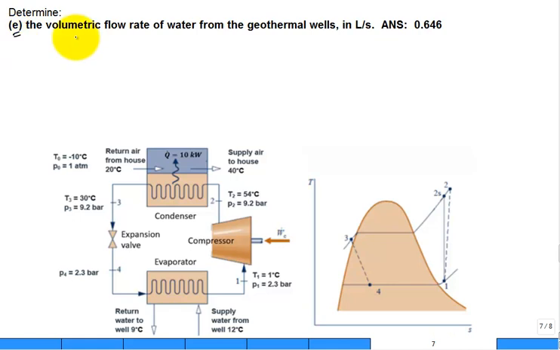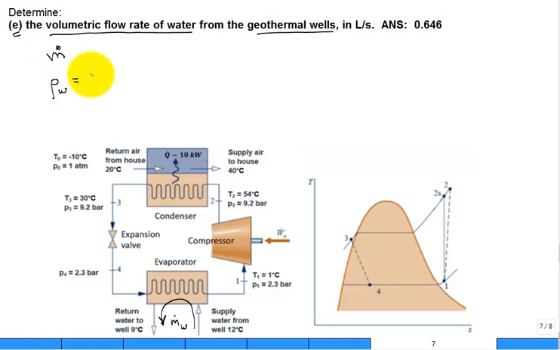All right, let's go to part E. What is that volumetric flow rate of water from the geothermal well in liters per second? So we focus on this m dot of the water going like that. It's interesting that they didn't ask for the mass flow rate. But what is the density of water?